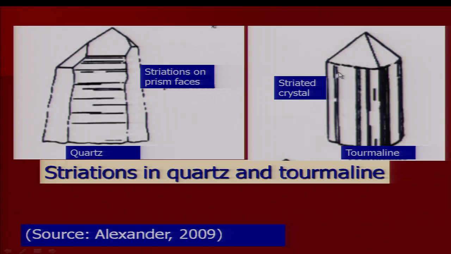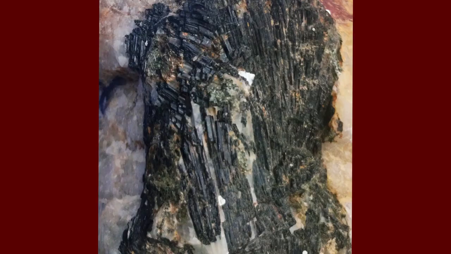Striation means that on this prismatic surface of the tourmaline crystal, these ridges or grooves are developed. These dark black colored grooves and furrows are alternately developed over the prismatic face of a tourmaline. So, such structures are called striations.